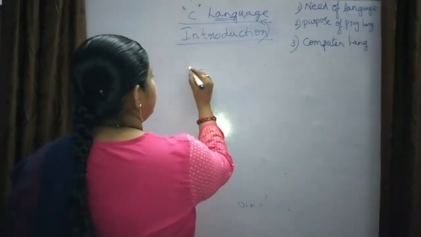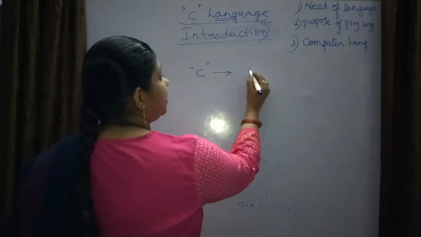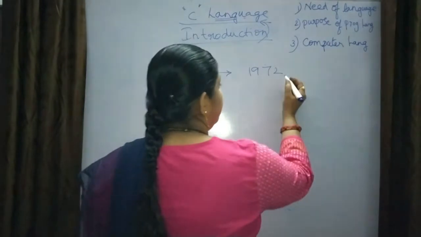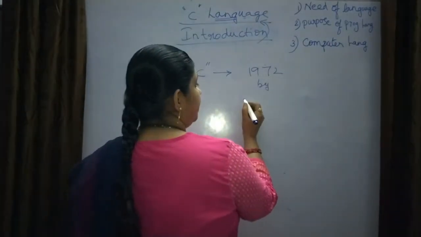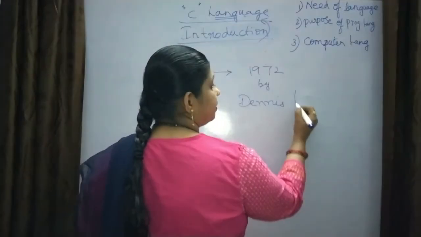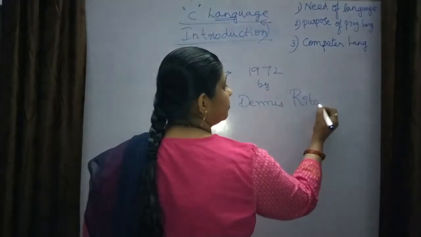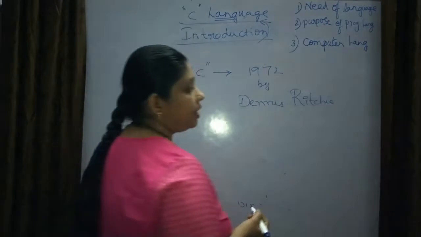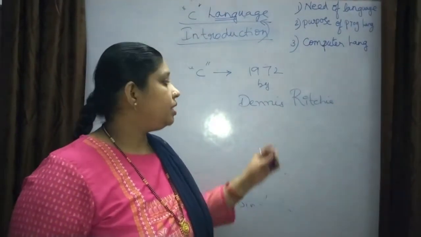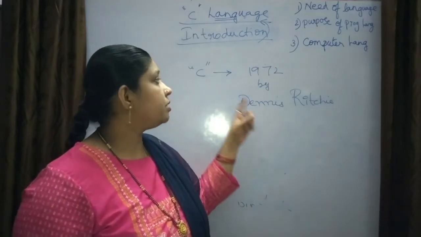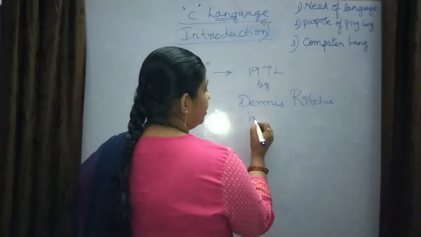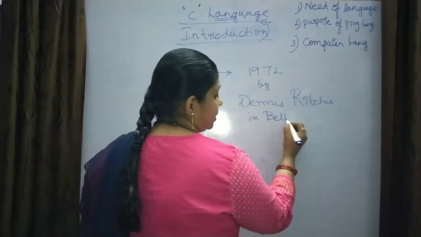C language was invented in 1972 by Dennis Ritchie. He is a computer scientist. This person invented C language in 1972 at Bell Laboratories.